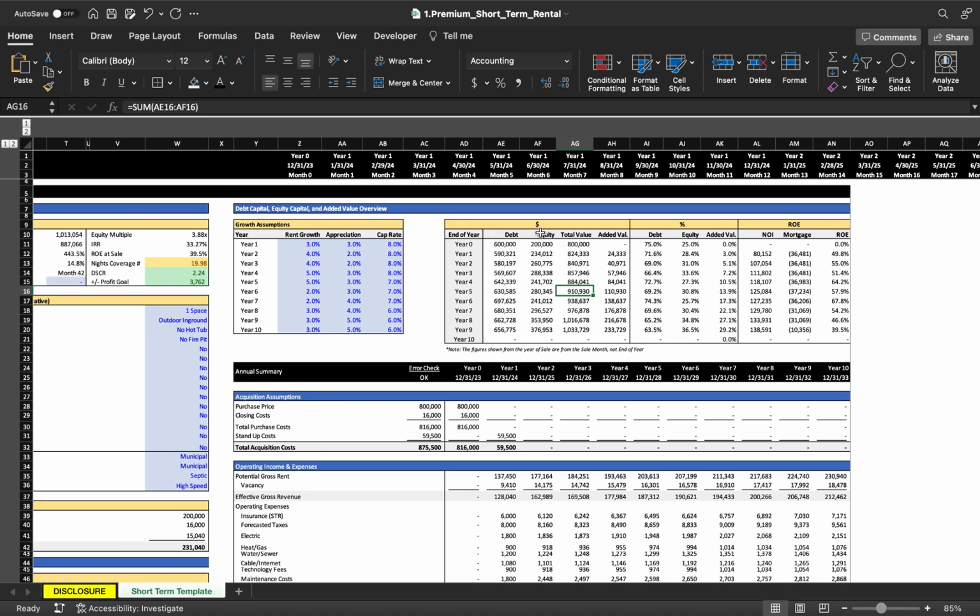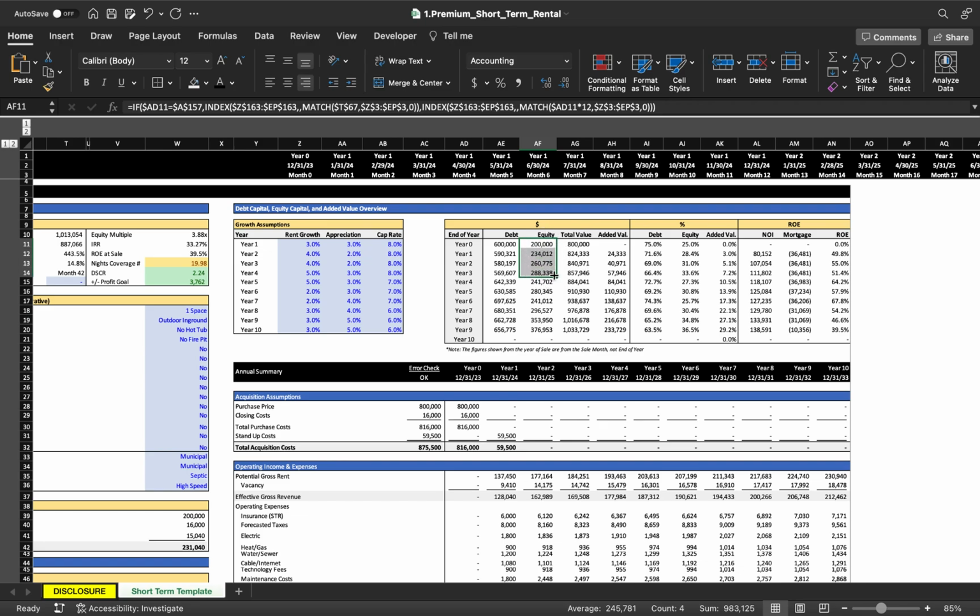This is showing you what dollar figure of equity you have in your asset versus debt. And the refinance is factored into this as well. So you'll see the added value is based on the appreciation of the asset. The total value is that total value based on the appreciation of the asset. And you'll see here, you have 200,000. You're getting more and more equity in the asset.